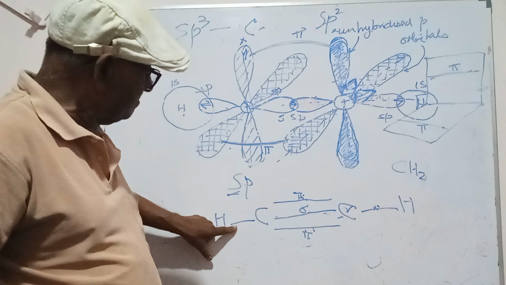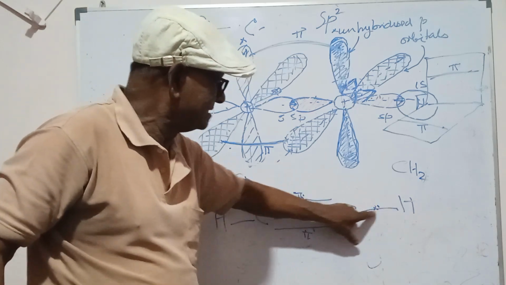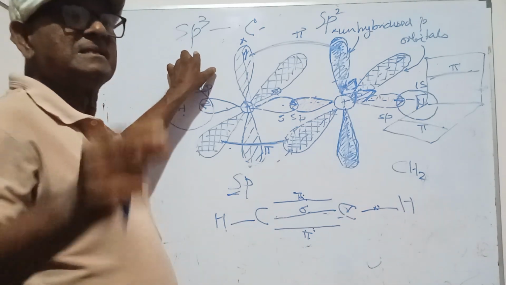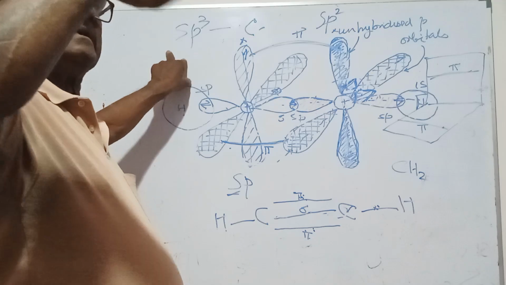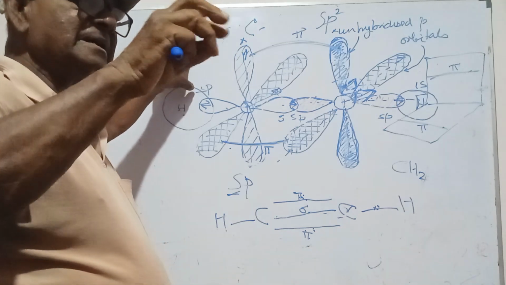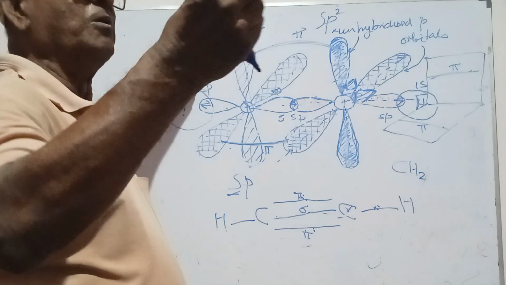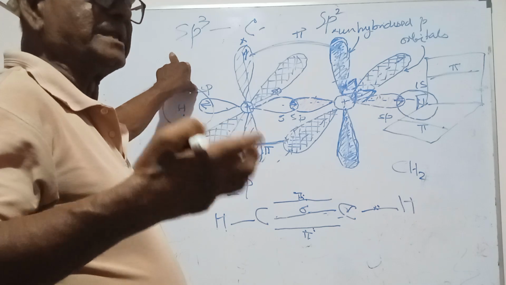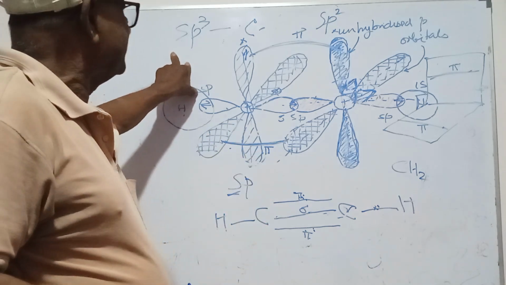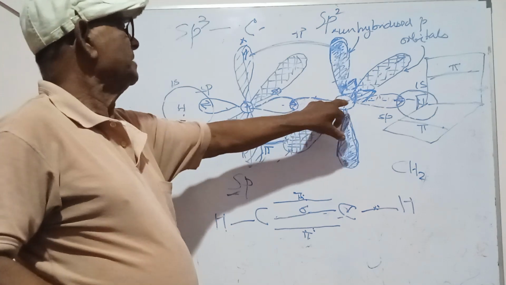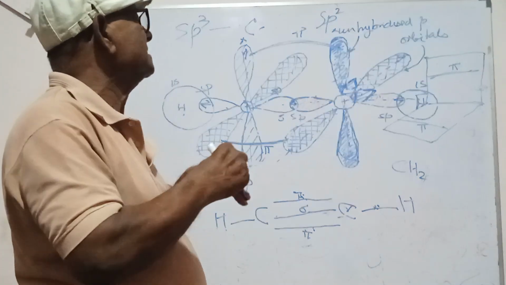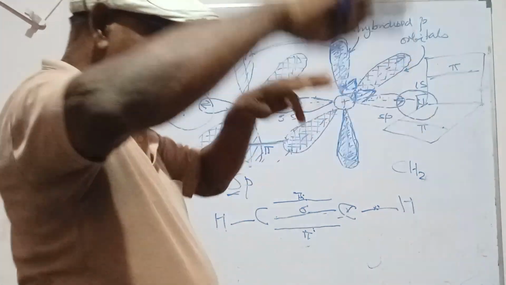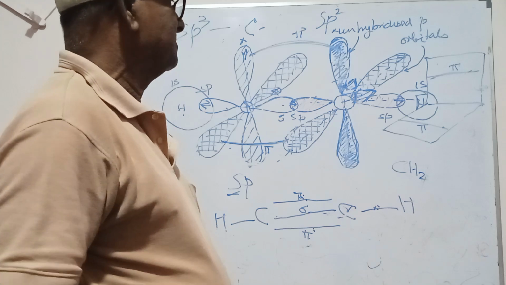It has the shape linear. sp3 needs, for the completion of octet, it is possible to form by one carbon atom for the saturation of octet. But in sp2, the two carbon atoms should be bonded to each other before the formation of the other two bonds, as I explained to you last day.